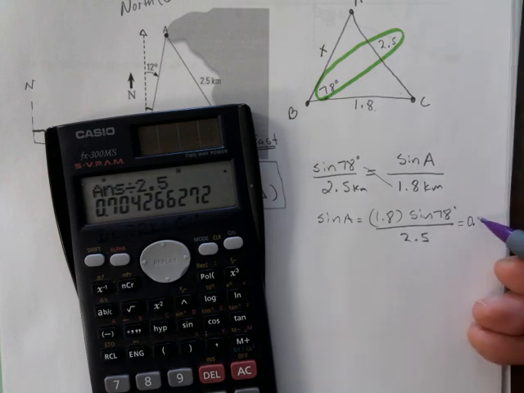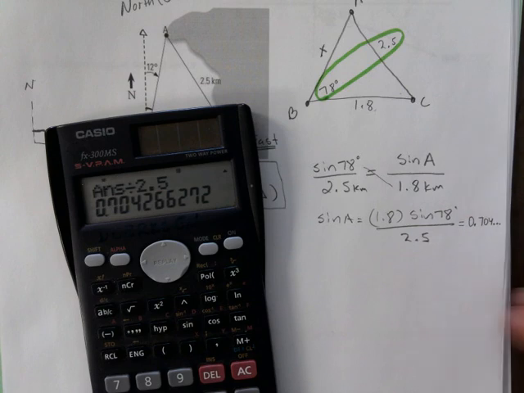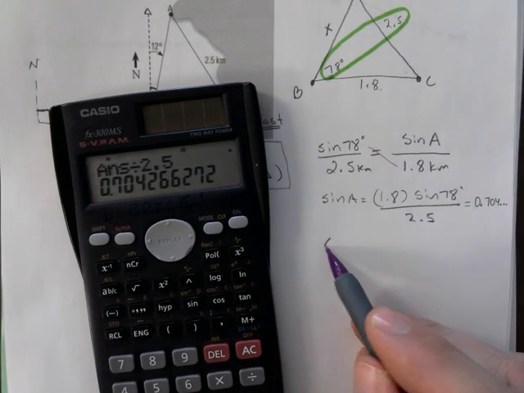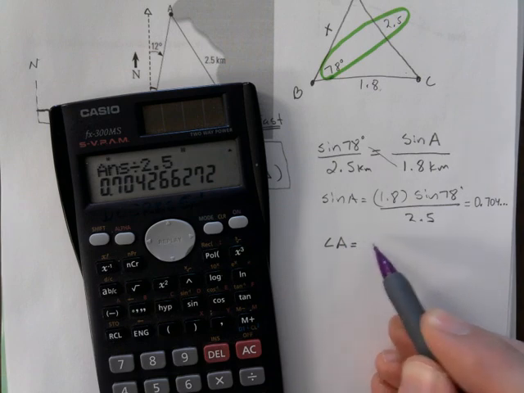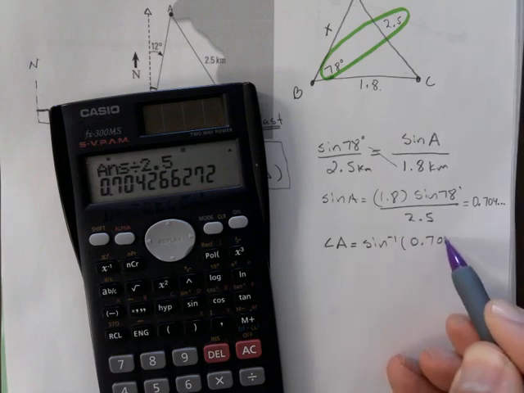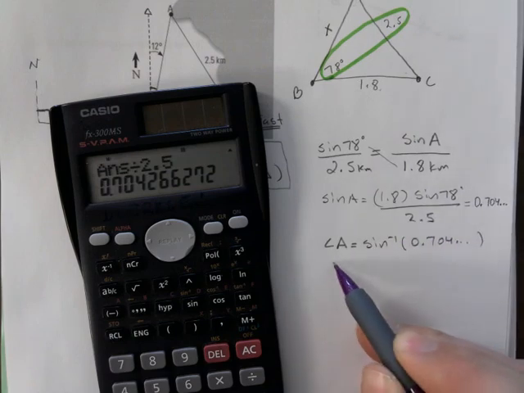And that's 0.704. Let's just go dot, dot, dot after that. So angle A is sine inverse of 0.704 dot, dot, dot.